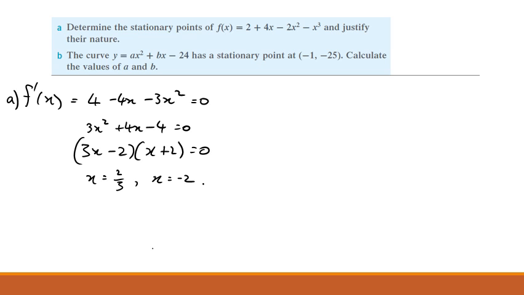Then I'm going to draw a sign diagram of the curve. So we have a negative parabola. There's -2/3 and 2. So that's negative, 0, positive, which gives us a min.